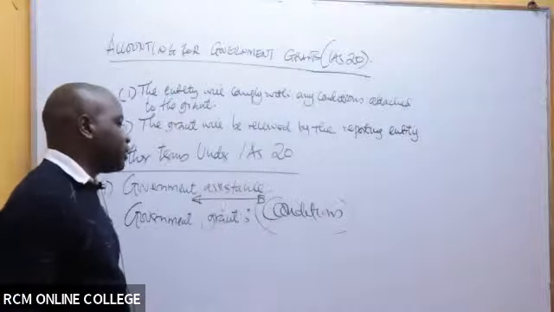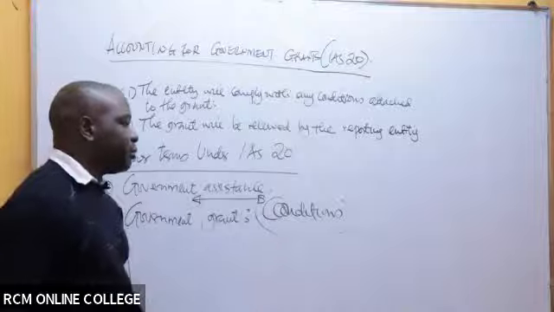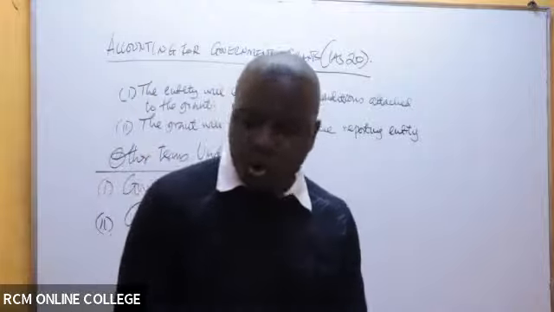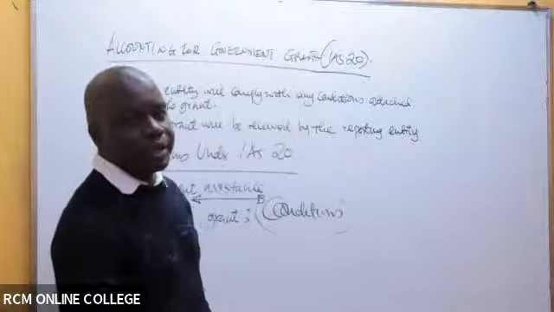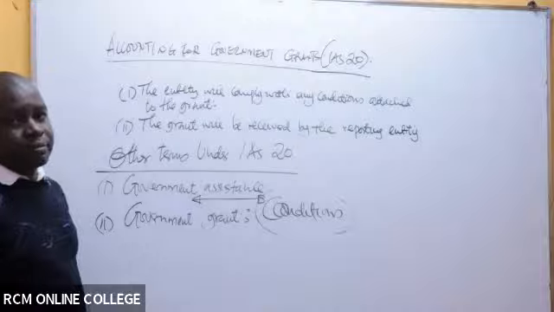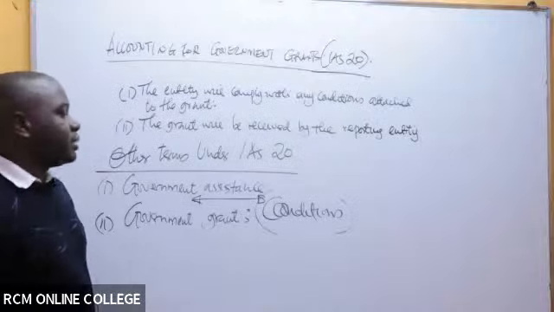So if there are any unfulfilled conditions under the grant, they should make the disclosures. And any unfulfilled conditions, they should indicate in the disclosures.